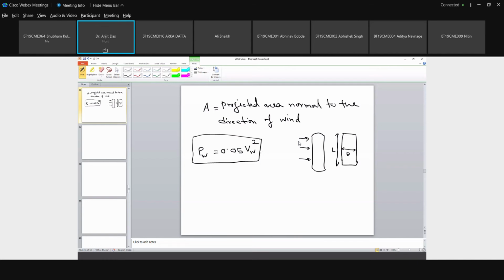Now here VW equals the maximum wind velocity experienced by the region under forced condition.